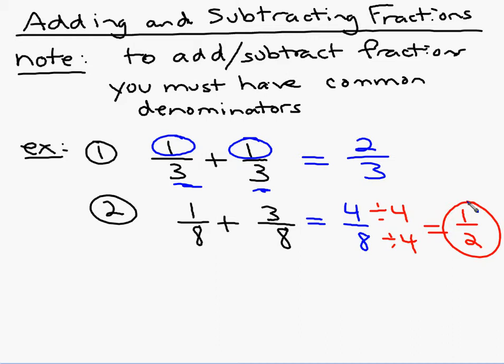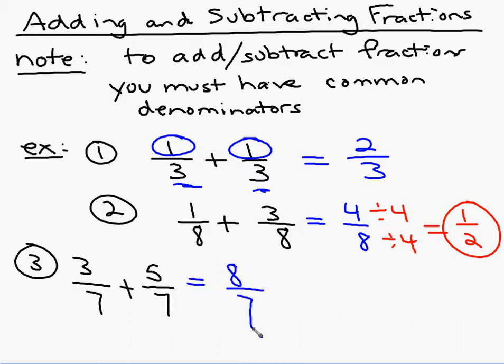Okay? Now, another situation we need to talk about is, let's say that I was adding two fractions, like 3/7 plus 5/7. Now when I add those two fractions, they already have a common denominator. 3 plus 5 is what? 8. 8/7.